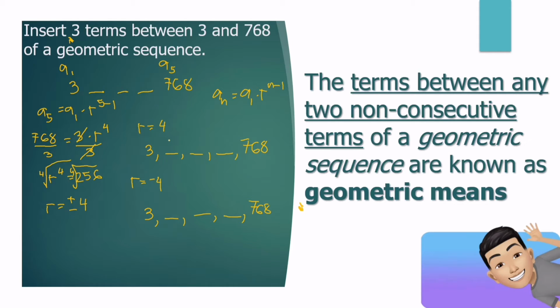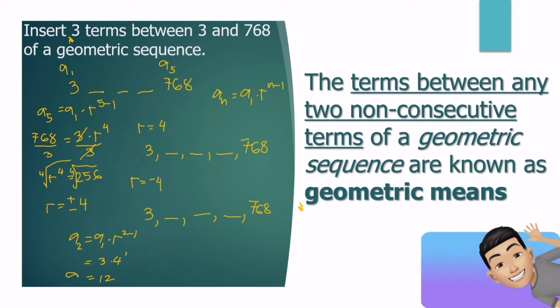So sa R, which is equals positive 4, we have, what is A sub 2? Paano natin makukuha yon? Siyempre, A sub 2 equals A sub 1 times R raised to 2 minus 1, or simply 3 times 4, and 2 minus 1 is 1. 3 times 4, 12.